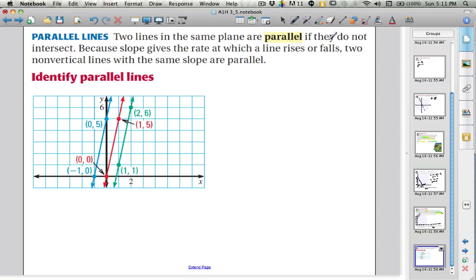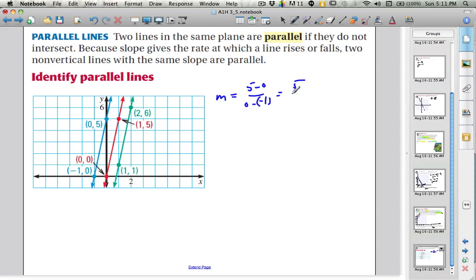So to, again, take a look at that in terms of parallel lines, if we want to determine if two lines are parallel, what we would do is compare the slopes. It's hard to tell sometimes from a graph how close they are to being the same. So let's just find the slopes. If I look at the blue line, I'm going to find the difference in y, so 5 minus 0 over 0 minus -1.